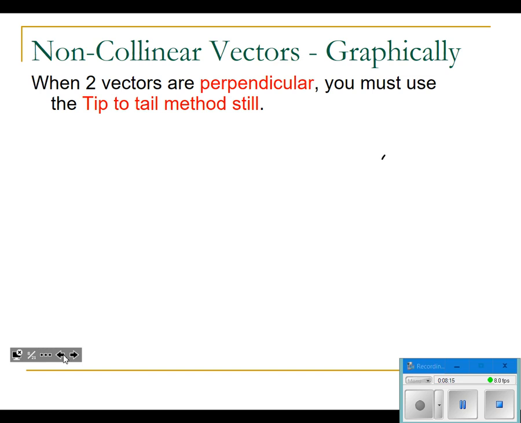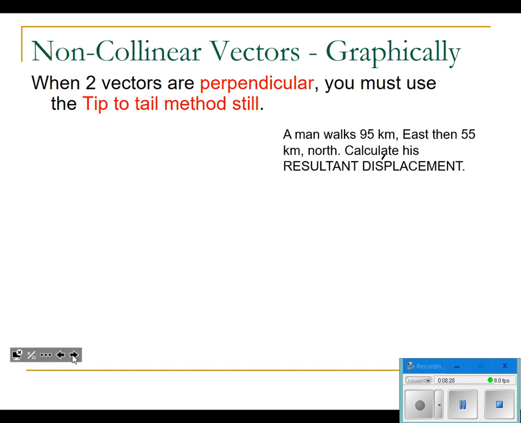Again, we're going to have to use the tip-to-tail method, which I already brought up. When we do this, we always draw them so that we create right angles, if we can. This is my example 3. He's going to walk 95 kilometers east.